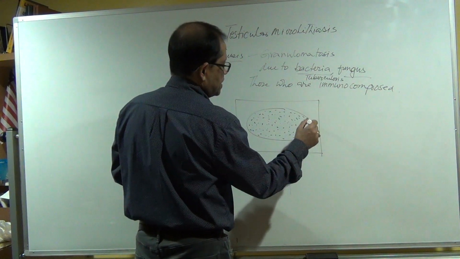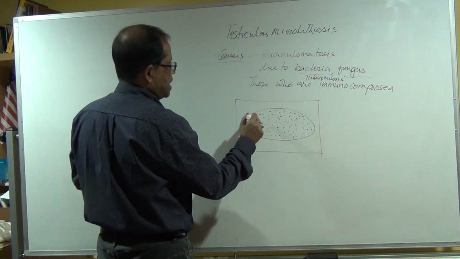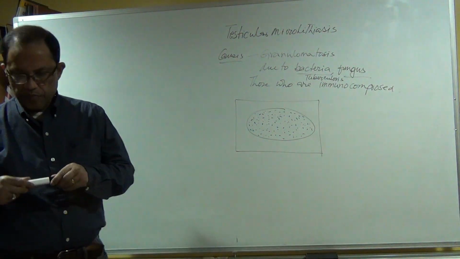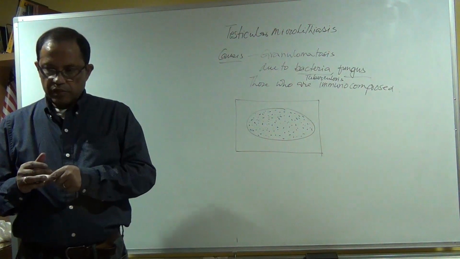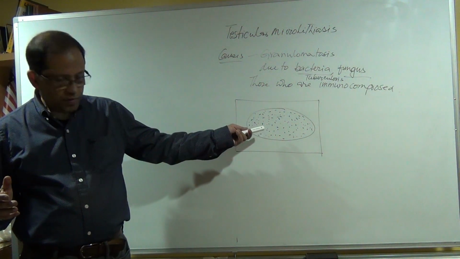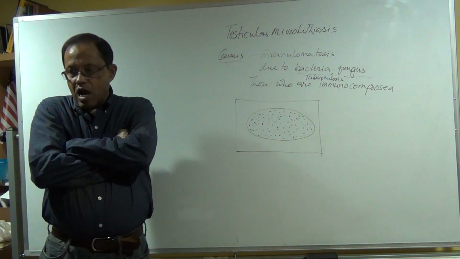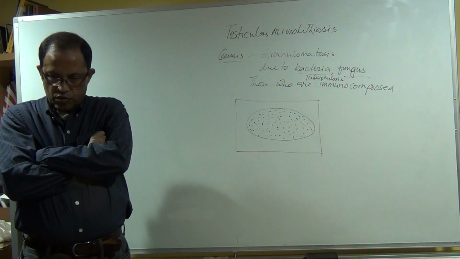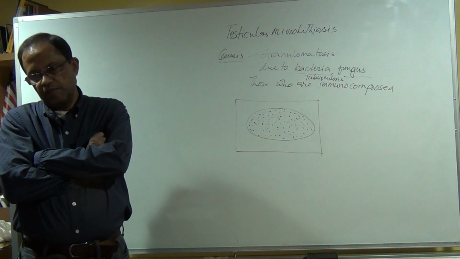A patient is suffering from HIV, or the patient has had a splenectomy, and you scan the testicles, you find a lot of hyperechoic spots all over the testis, both testes.